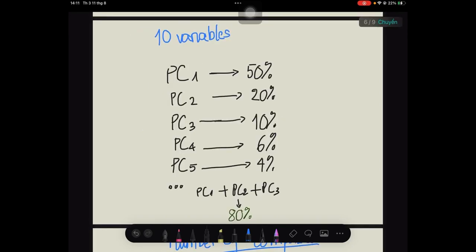So let's make this concrete. Suppose we start with 10 variables. PCA tells us principal component 1 explains 50% of the total variance. Principal component 2 explains another 20%. Principal component 3 explains another 10%. Now we capture 80% of the variation in the original 10 variables using only 3 components.